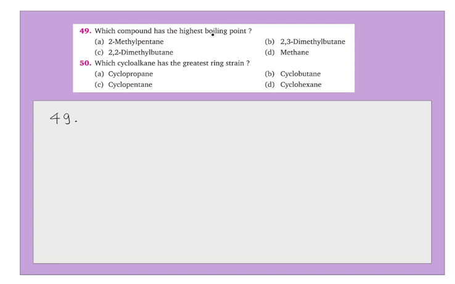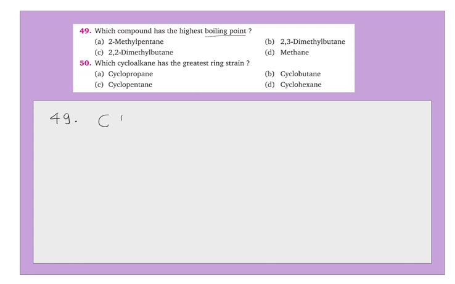Which compound has the highest boiling point? 2-methyl pentane, 2,3-dimethyl butane, 2,2-dimethyl butane and methane. Students, remember, as the number of carbons increases, the boiling point increases.